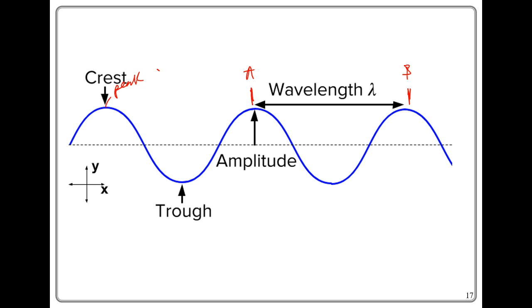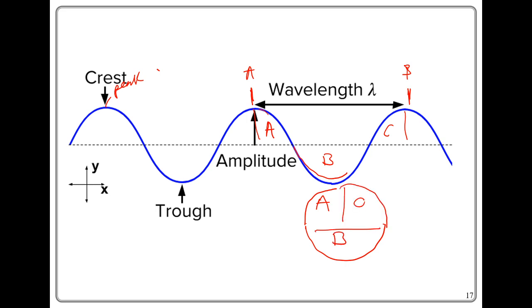If you take half of this, you draw half of that. Then a quarter of this comes here. So you have A, B, and C. When you're talking about the wavelength, it's just one complete cycle.